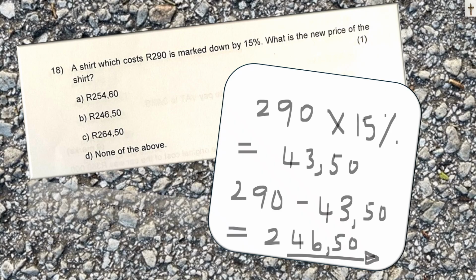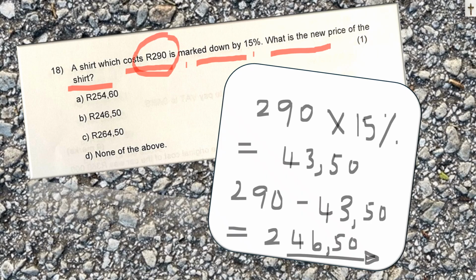Number 18. A shirt which costs 290 Rand is marked down by 15%. What is the new price of the shirt? Right, a shirt which costs 290 Rand, you could say that is the selling price of the shirt, goes on sale, and the sale is 15% off the marked price.